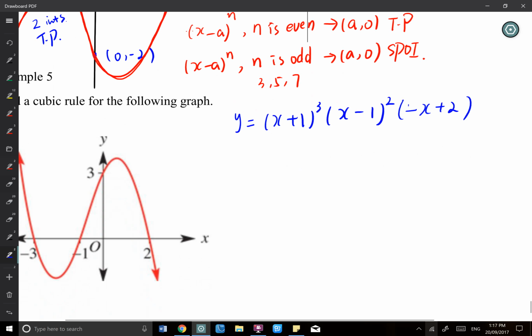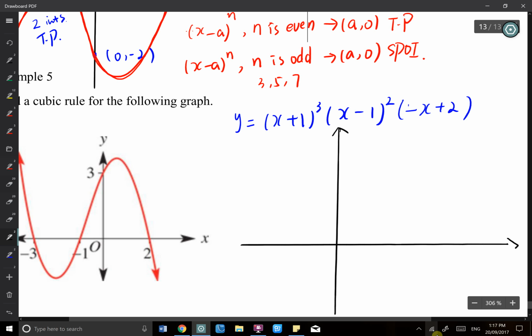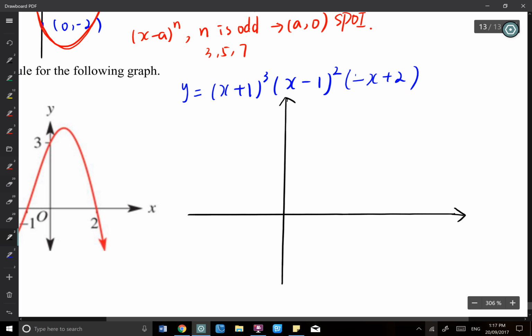It doesn't matter. Let's sketch the intercepts on the graph first. What you have is (minus 1, 0) and (1, 0), and then you have 2, so that point is (2, 0).